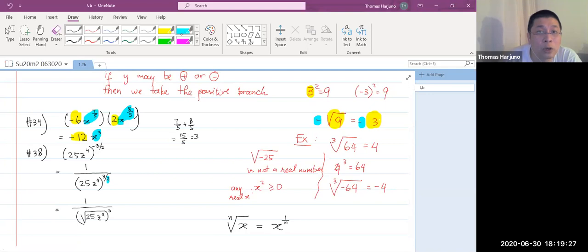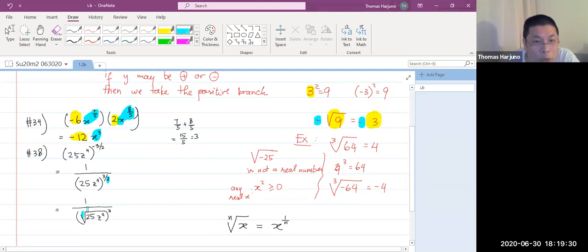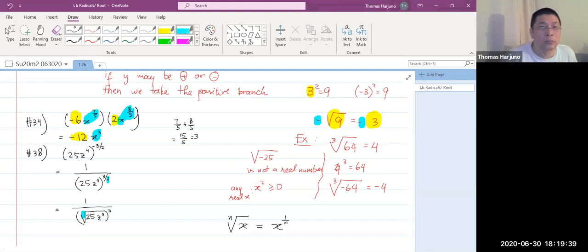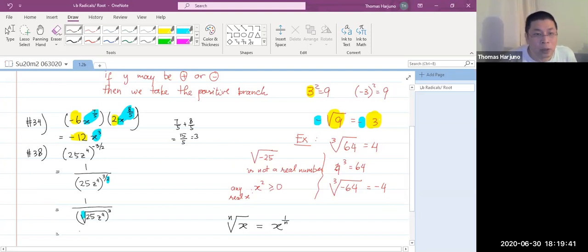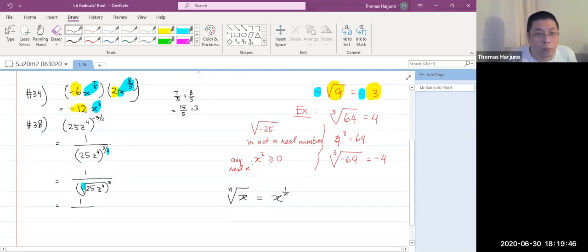Of course, because it's a square root, we don't write the 2, we don't write the index. That becomes 1 over 5c squared to the power of 3, which is 1 over 5 cubed is 125, c squared cubed is c to the 6.